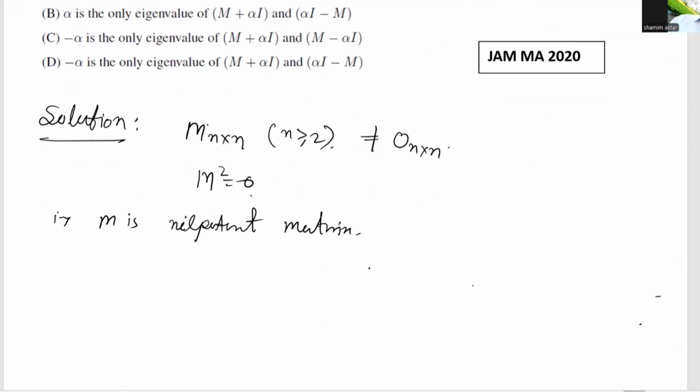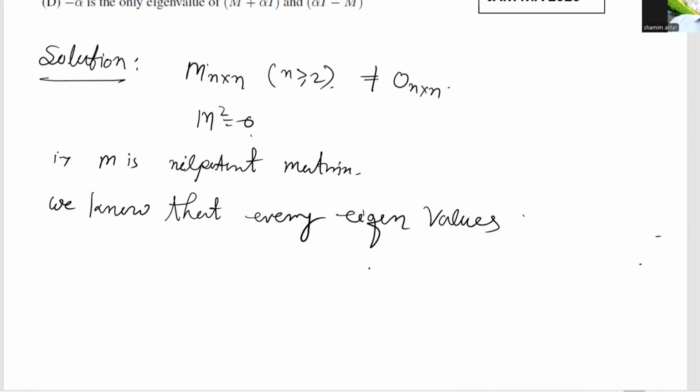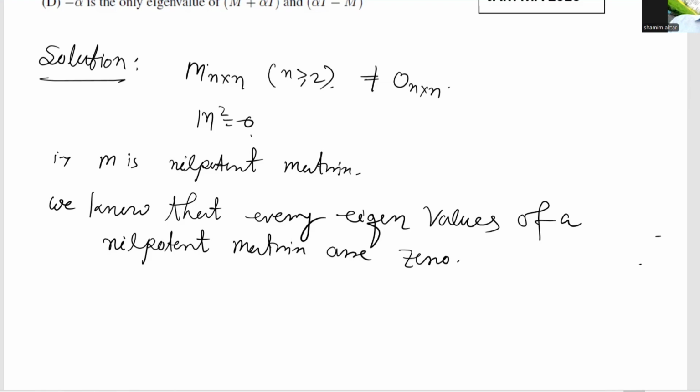And we know that every eigenvalue of a nilpotent matrix is 0.